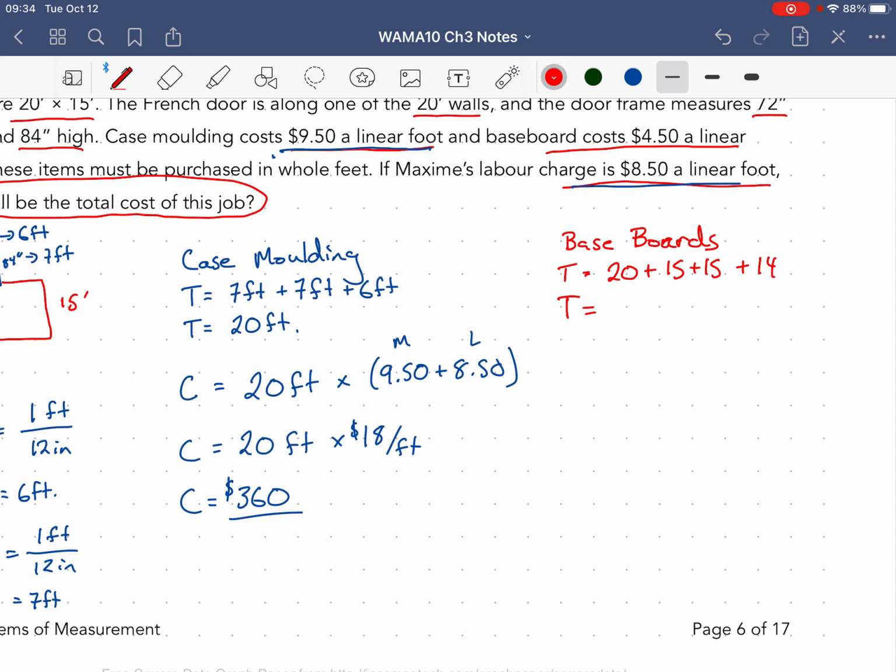So the total amount is 20 plus 30 is 50 plus 14 is 64 feet. Now to figure out its cost, it's equal to 64 feet times $4.50 a linear foot plus $8.50 for the labor.